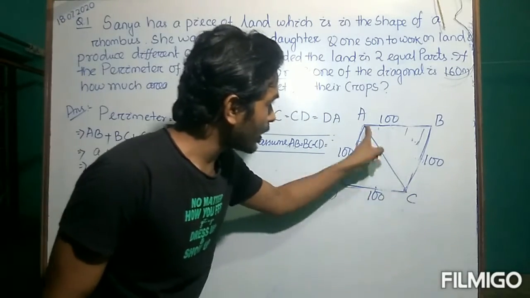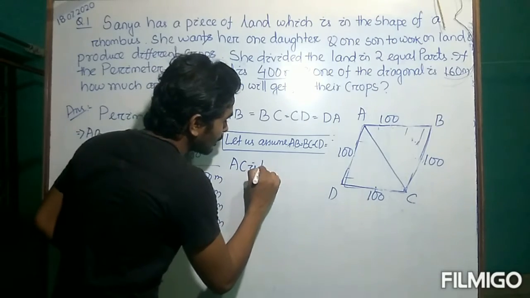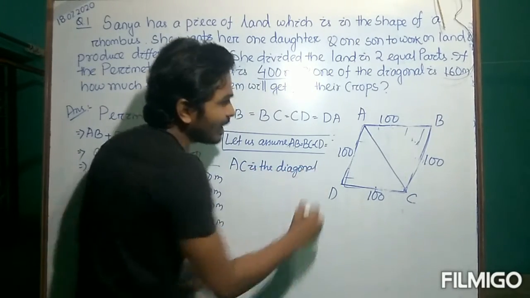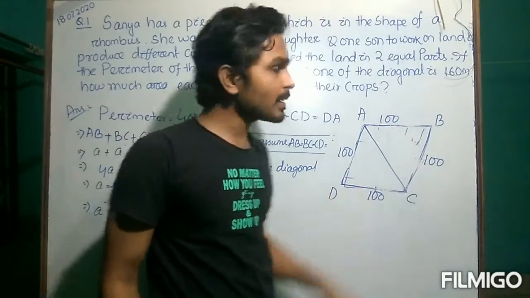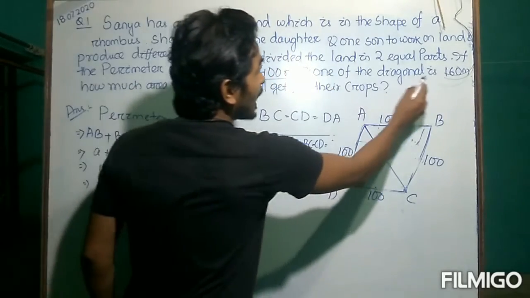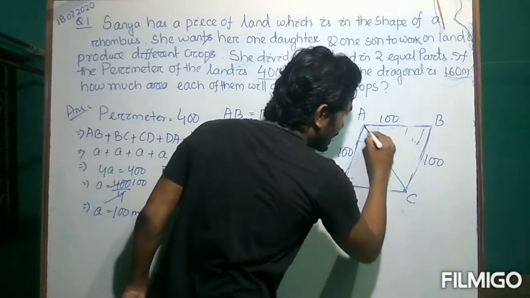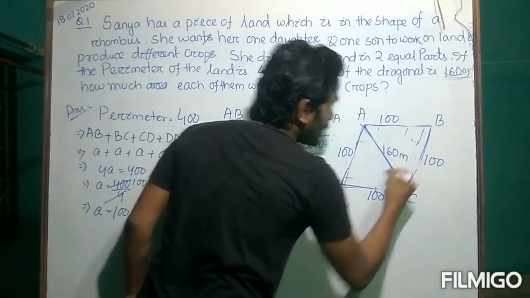AC is the diagonal. This diagonal divides the total land into two equal parts. And one of the diagonals is 160 meters. Suppose this diagonal is 160 meters.